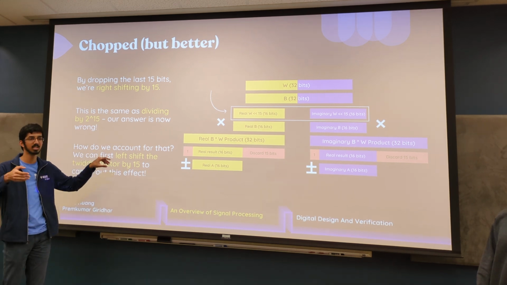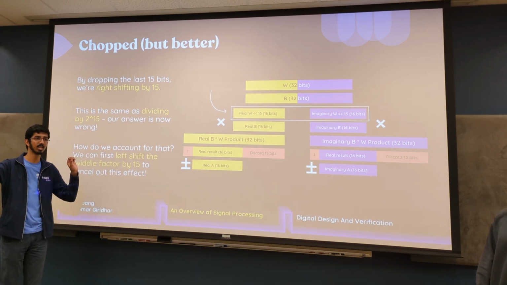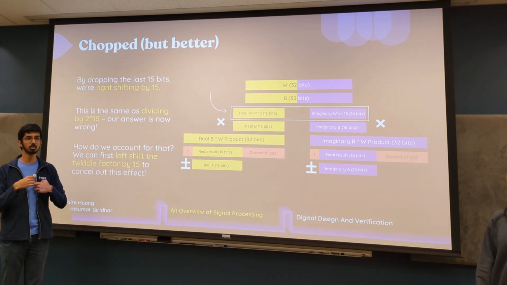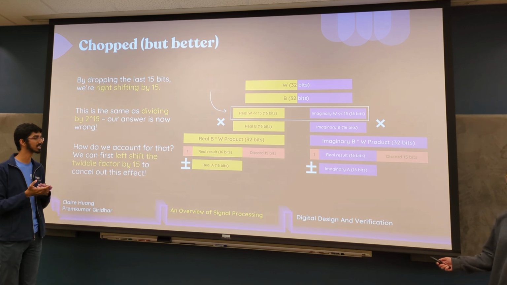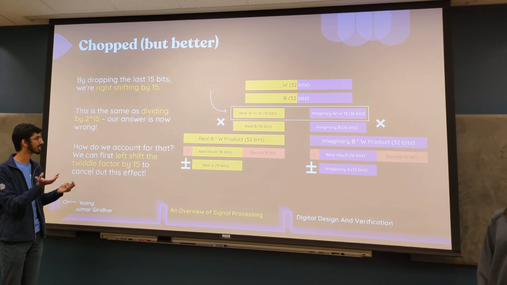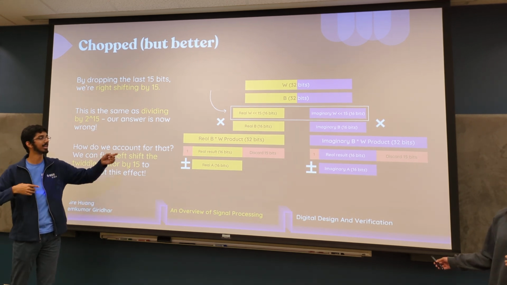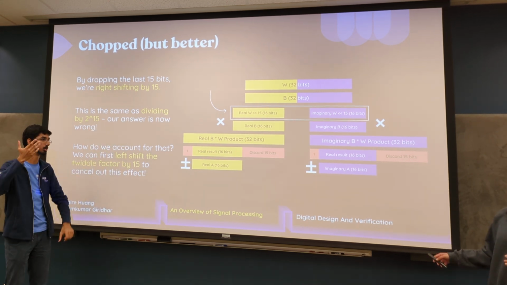We do one of the sign bits, and then 15 bits need to come off the end, because that's how we keep it accurate, so to speak. But then in order to have this actually represent the correct amount and not be an incorrect result, we have to undo the division by 2 to the 15 by left shifting by 15 with the original number.